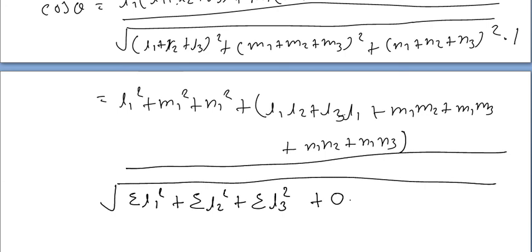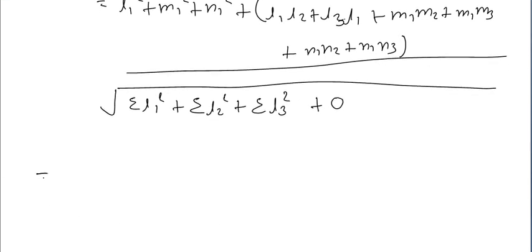So what we conclude from here: cos theta is equal to 1 divided by root 3.